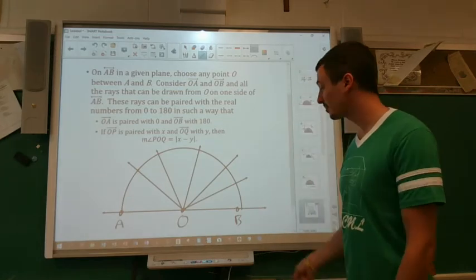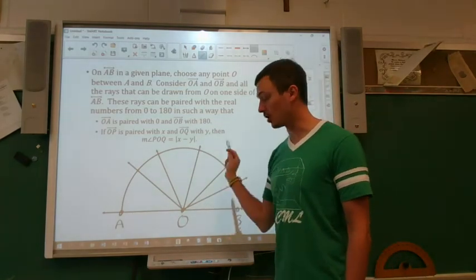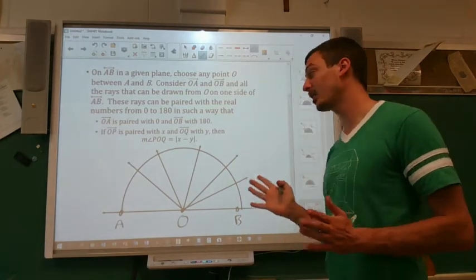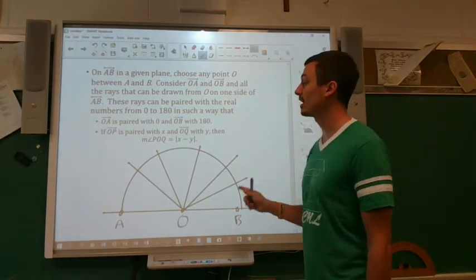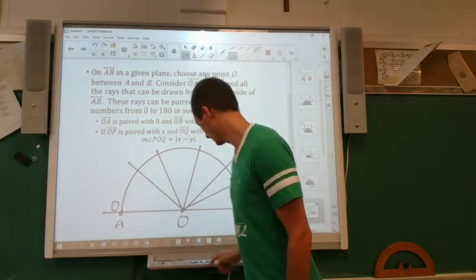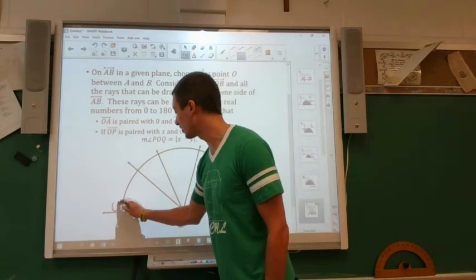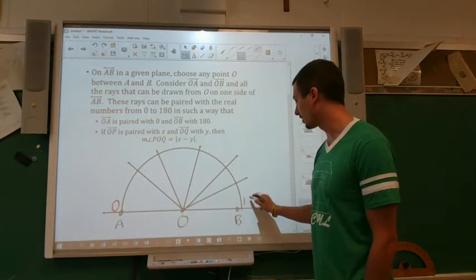What it's saying is that we can pair, if we drew 180 rays coming out of O, as long as they're evenly spaced, we can pair these rays in such a way that OA is paired with 0. OA is going to be paired with 0, and OB is going to be paired with 180.